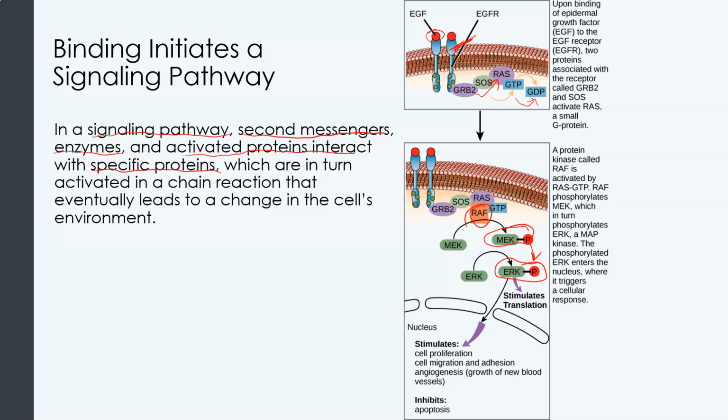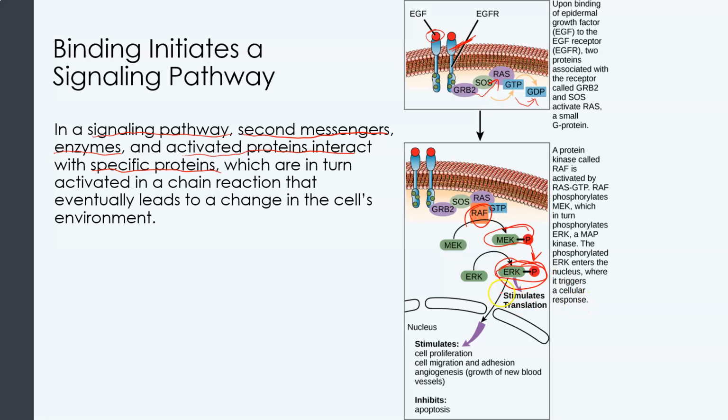There's a lot of three-letter words here, but it's basically just showing you that there's a chain reaction, a reaction that signals another reaction to occur. It's like triggering a pathway or a cascade of chemical reactions. So the phosphorylated ERK enters the nucleus where it triggers a cellular response.